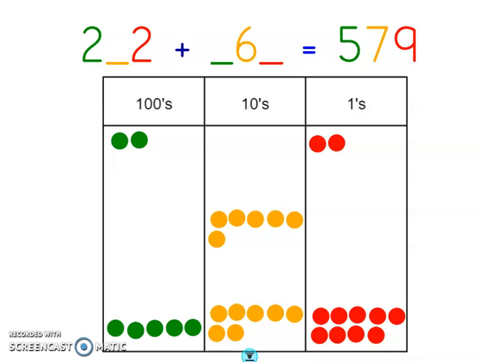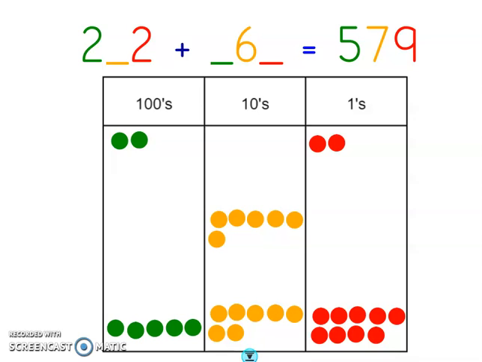Like I said, it looks far more complicated than the first one, but in all honesty, it's as simple. We're using exactly the same strategy. So I've got 2 hundreds and some tens and 2 ones is my first number. Then some hundreds, 6 tens, and some ones for my second, to give me an answer of 5 hundreds, 7 tens, and 9 ones.